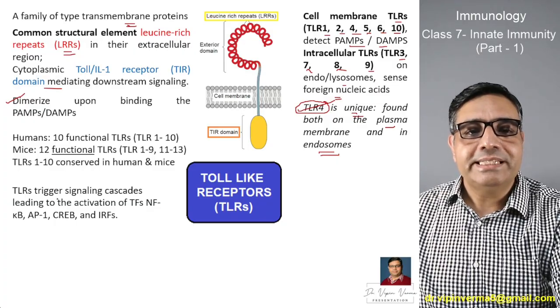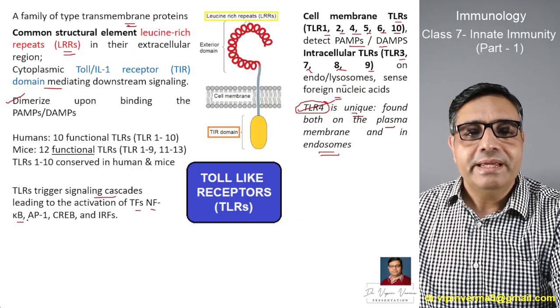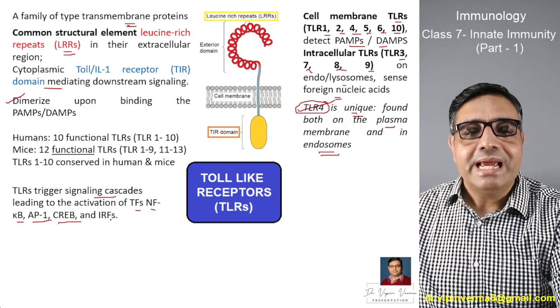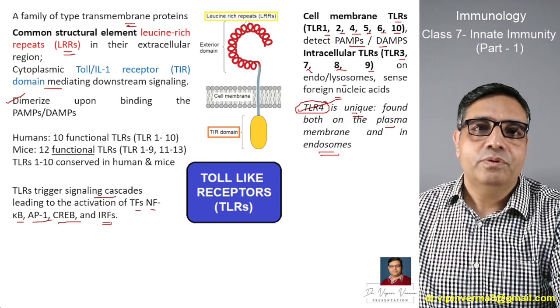These TLRs trigger a signaling cascade leading to the activation of transcription factors like NF-kappa B, AP1, CREB and IRFs.